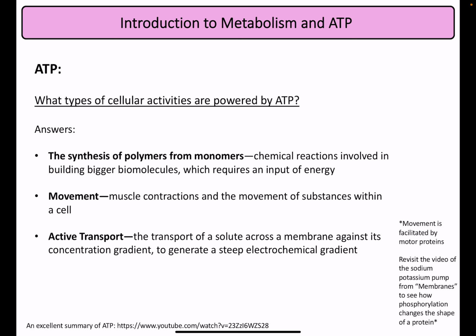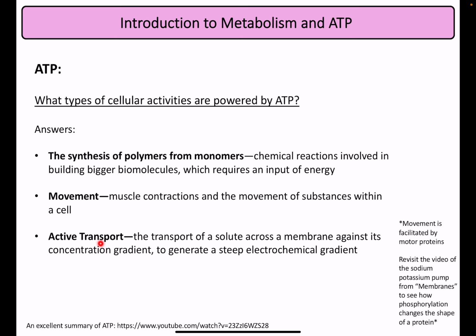Second type of activity that requires energy in your body is movement. Now that could be the movement of your entire body via muscle contractions. It can also be the movement of substances from cell to cell, or even within a cell. And these are carried out by proteins that get phosphorylated, so it uses ATP.